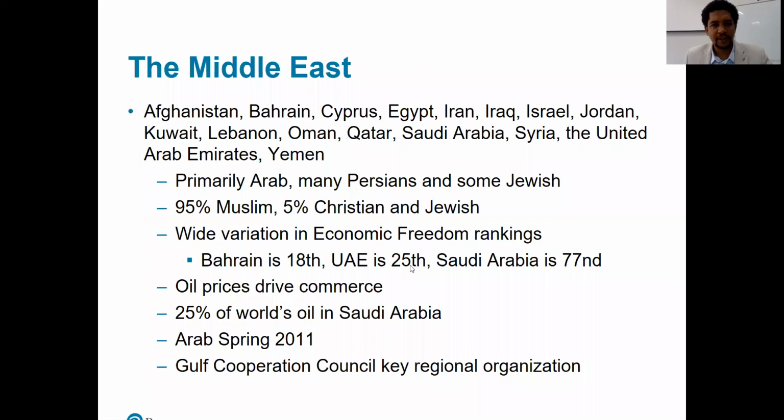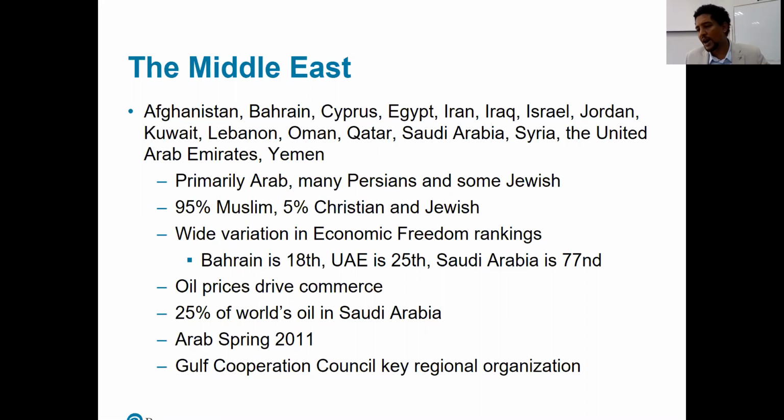and the other is the Middle East. So in the Middle East, we have these countries. We have Afghanistan, Bahrain, Cyprus, we have Egypt, Iran. All these countries are in the Middle East, and they are primarily Arab, because 95% of the people in these countries are of Muslim religion, and 5% of them are Christians, okay, and Jewish.